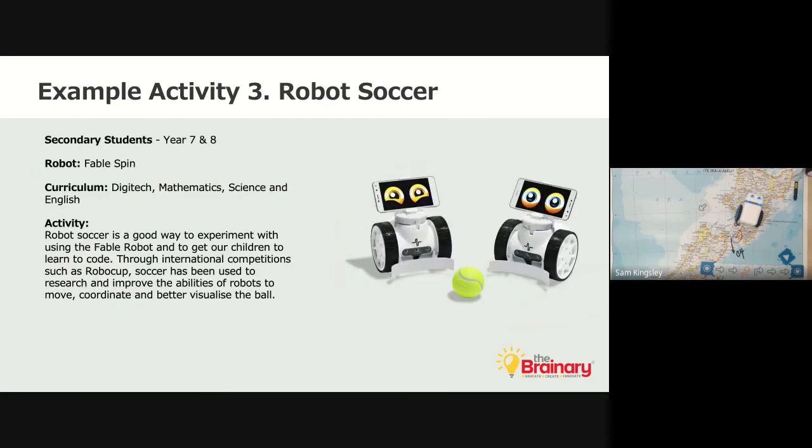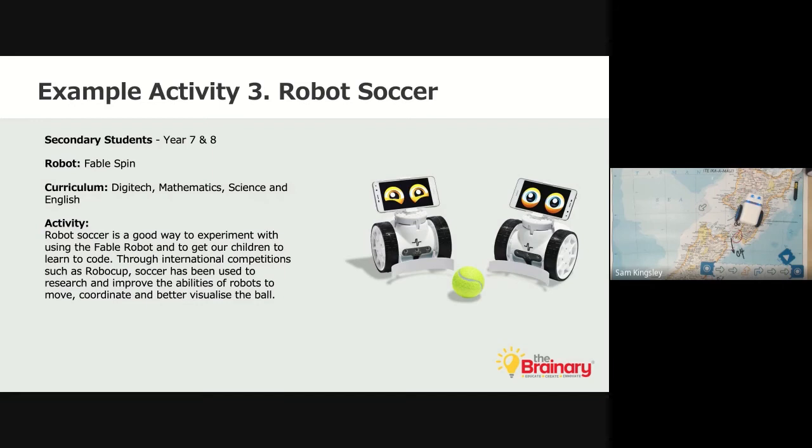The final example that I wanted to go through is robot soccer. So here we've got a really tried and tested model of engaging students and using robots in different curriculum areas.